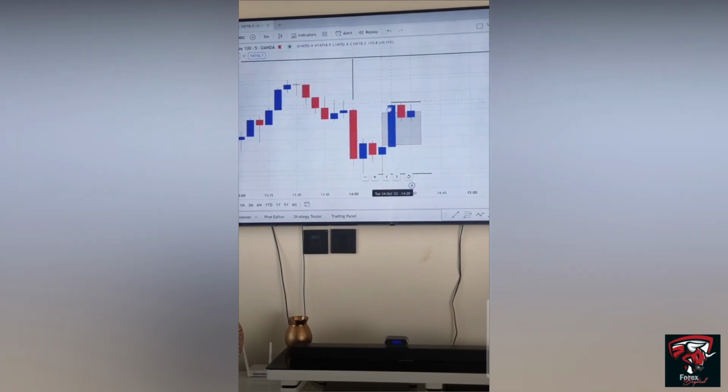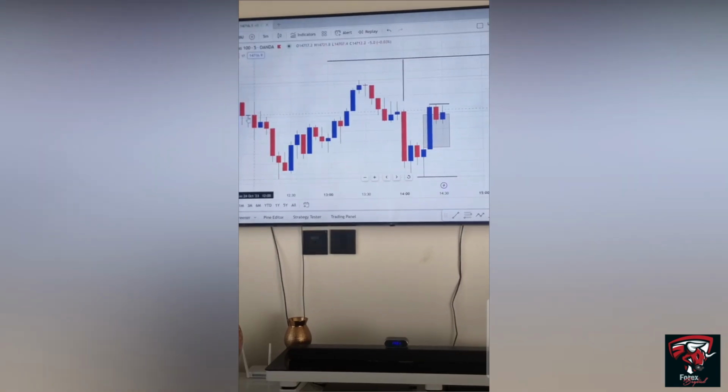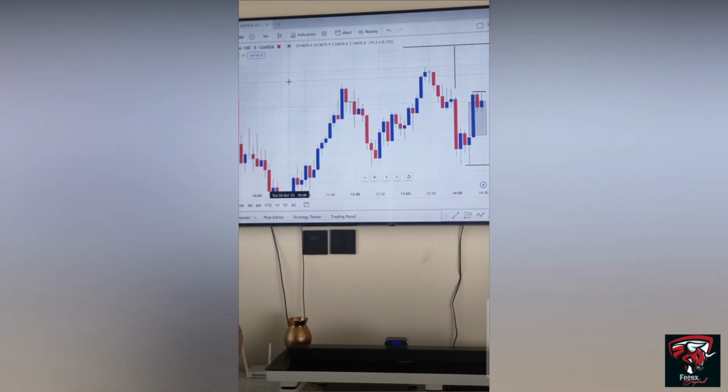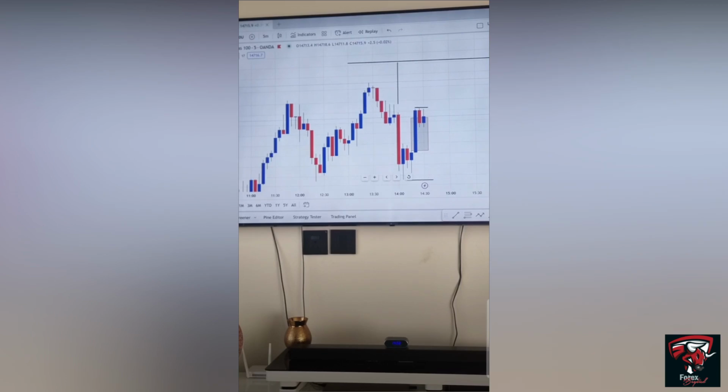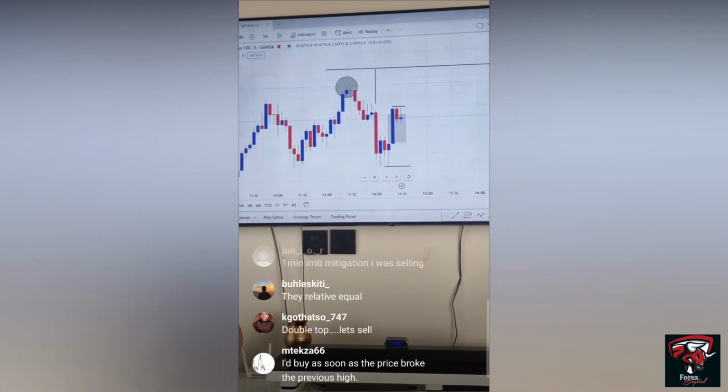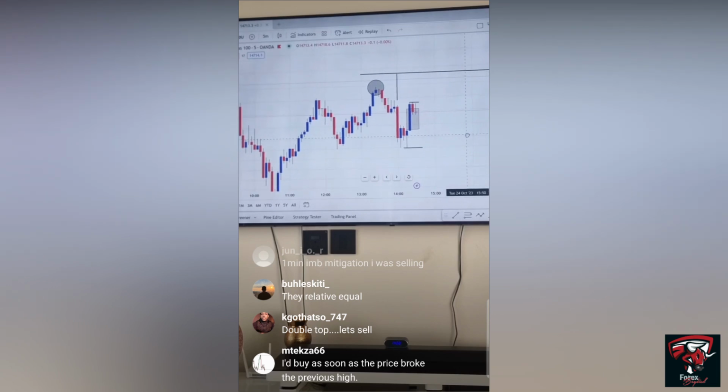And as price goes, that's my point, to sell off. As we liquidate and take out this high, we're looking to take out this, create a new high, that high, and sell off. Am I making sense?